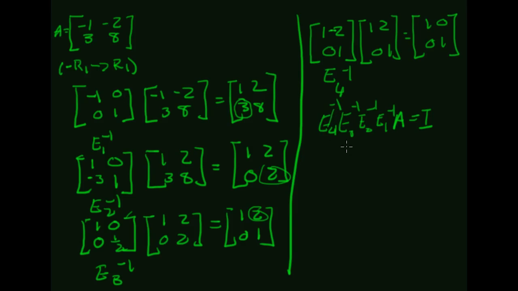If I multiply both sides on the left by E4, I get E3 inverse, E2 inverse, E1 inverse A is equal to E4.